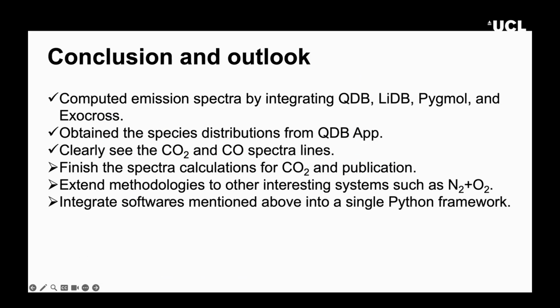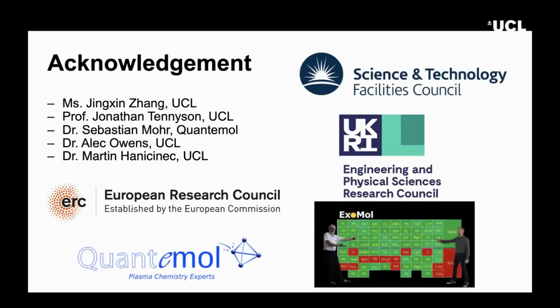Another thing is we can also transform the whole process into a single Python software framework. This will be much more efficient if we want to compute the emission spectrum of plasma according to the plasma chemistry simulation. So that's it for my talk.